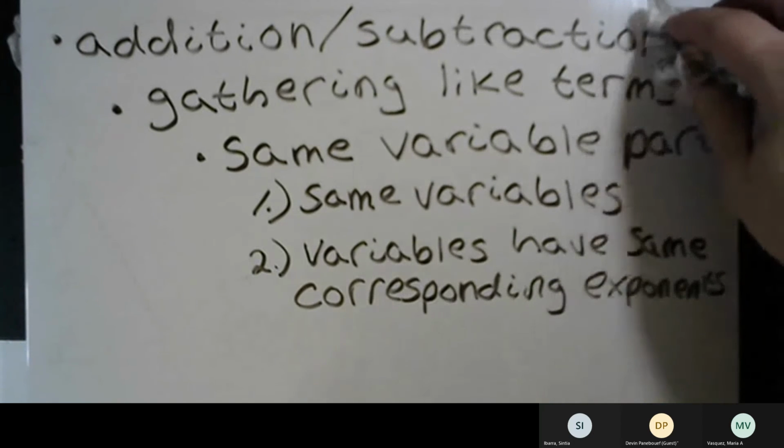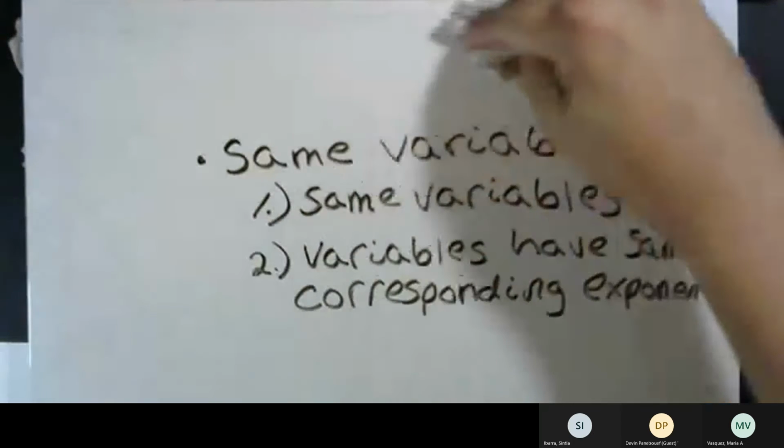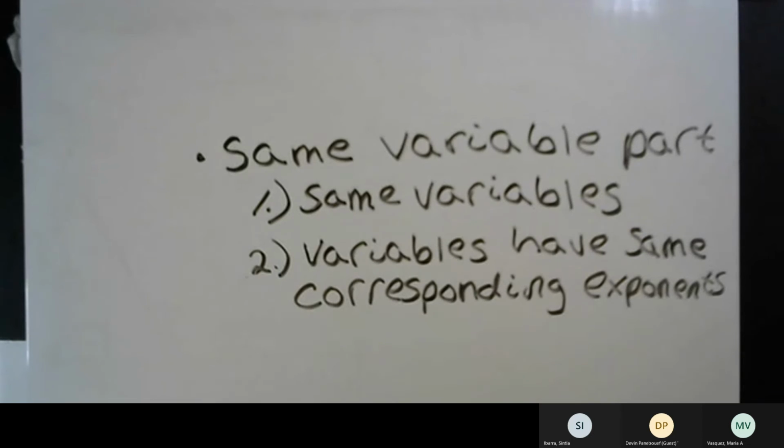And again, I'll do an example here of what that's going to look like. But if the x has an exponent of 3 in one term, then the x also better have an exponent of 3 in the other term.